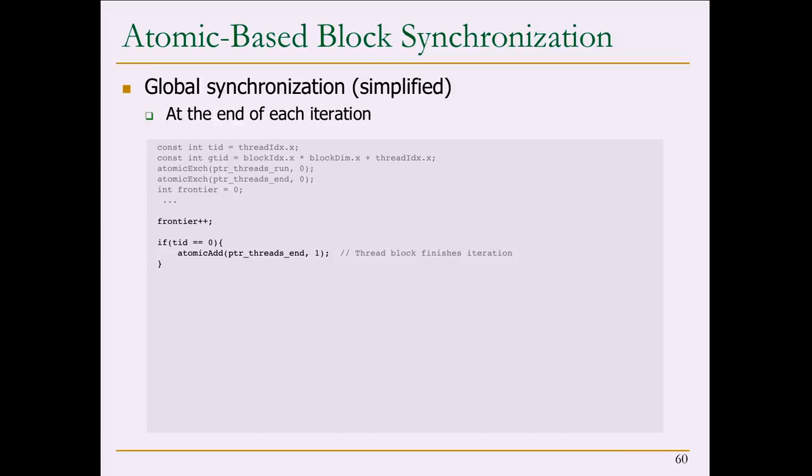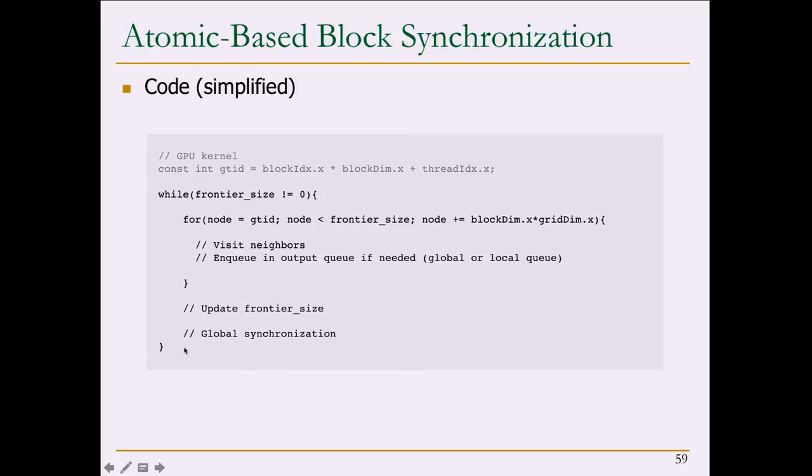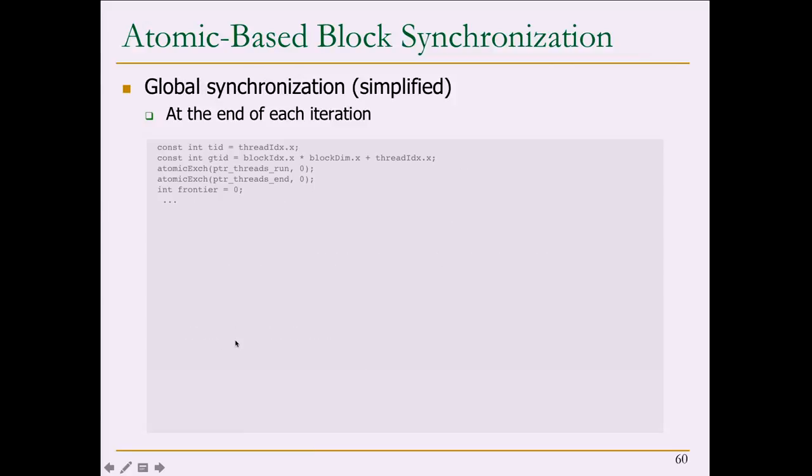This leader thread of the entire GPU is going to be thread 0 in block 0. So this code here, the global synchronization, is what we do at the end of every iteration of the BFS processing, okay?